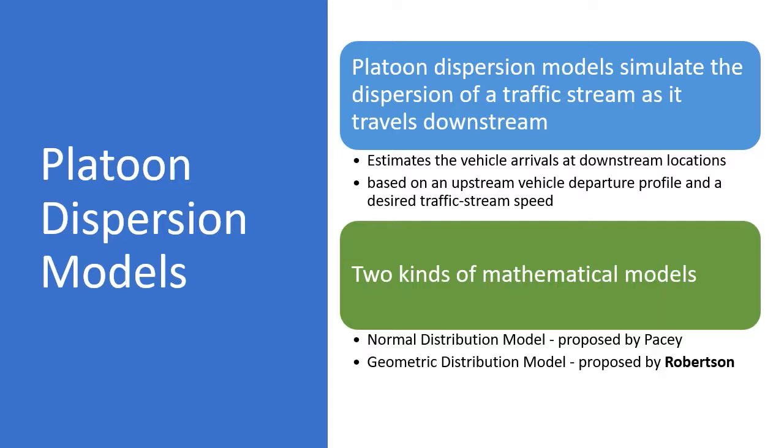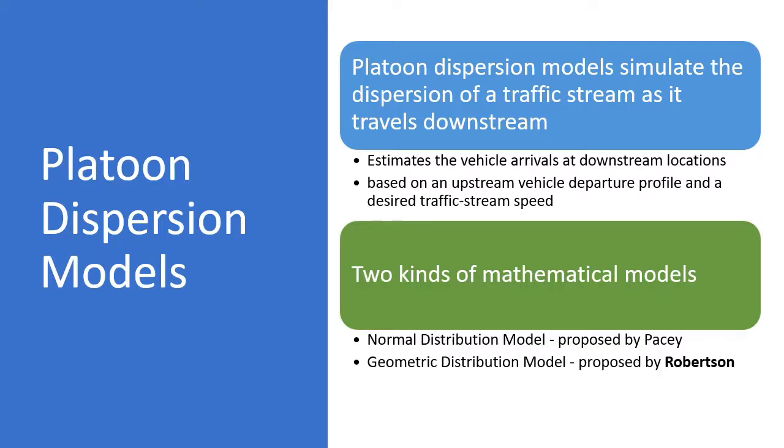Again, we need to know the time taken to reach the downstream end, so we need an idea about the traffic stream speed. The time taken for a vehicle that departed the previous intersection to reach the next one, the time required to cover this distance, again depends upon the traffic stream speed.